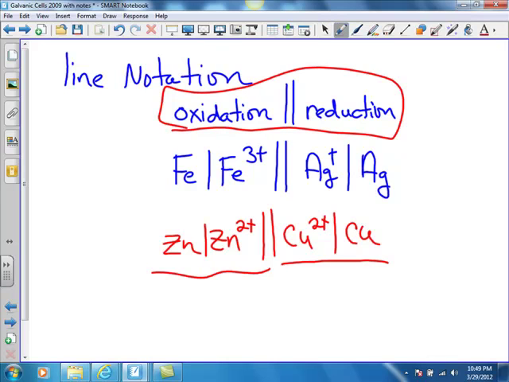Now, something else you might see in line notation, and I'm just going to put it on these two even though it wouldn't be there, is another line with something like Pt. What that means is there was a platinum catalyst on the silver side of this.